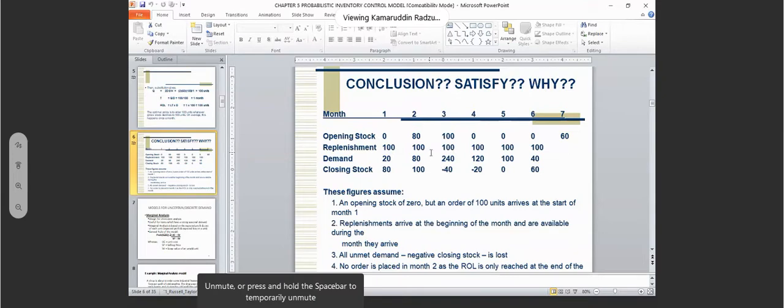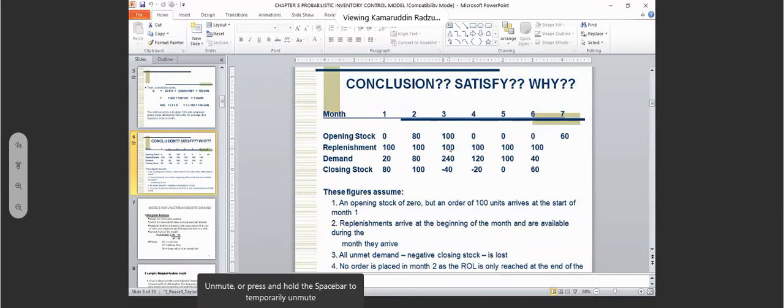The demand for the third month is 240, and in this third cycle a shortage has occurred because the demand is high at 240, but we only have 200 units of inventory on hand.